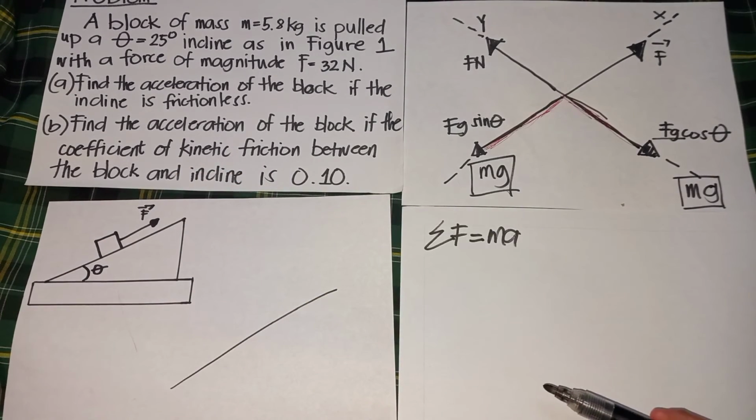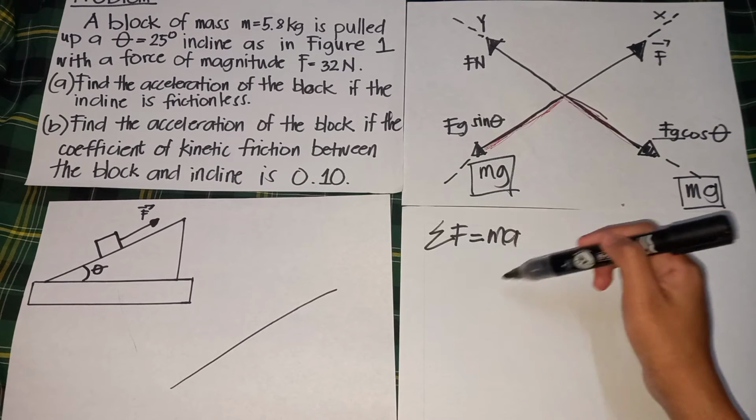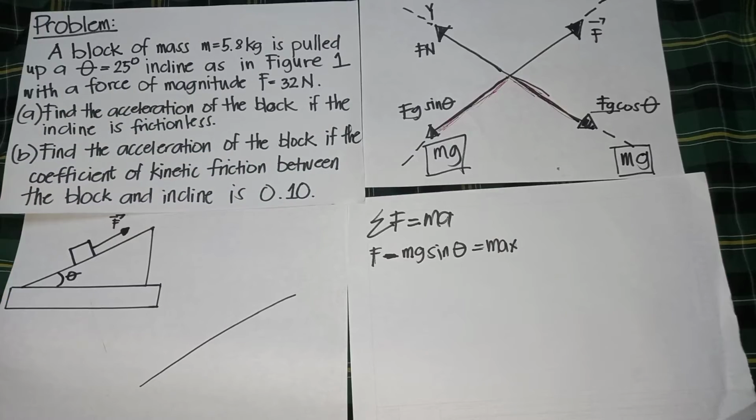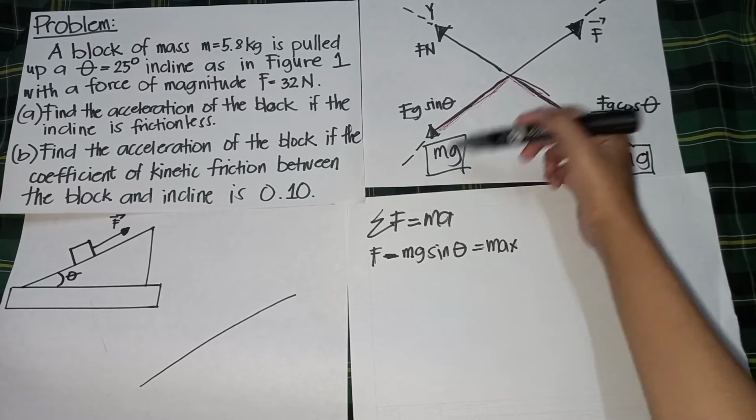So, we do not need to apply Newton's second law in the y direction because the sum of the forces in the y direction is equal to 0. We will only focus our attention on the x direction. From our free body diagram, we see that there are two forces acting in the x direction.